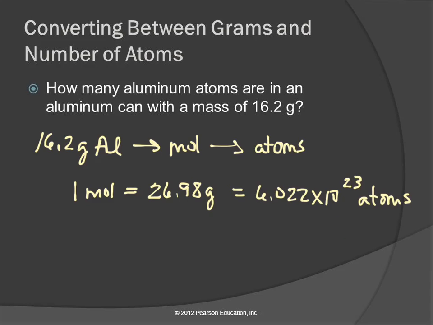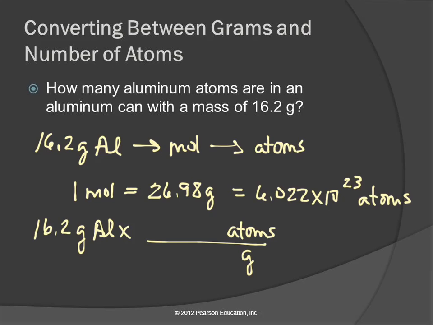16.2 grams of aluminum. And I'm going to multiply by number of atoms and divide by grams. The mass of a mole is 26.98 grams for aluminum, and a mole is 6.022 times 10 to the 23rd atoms.